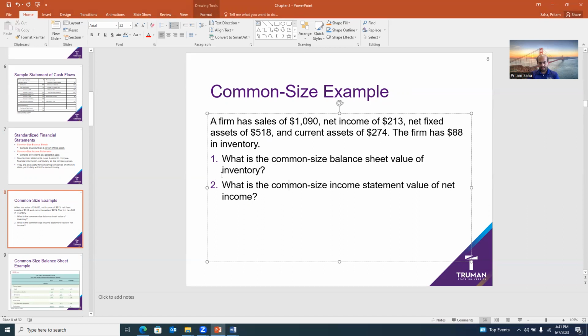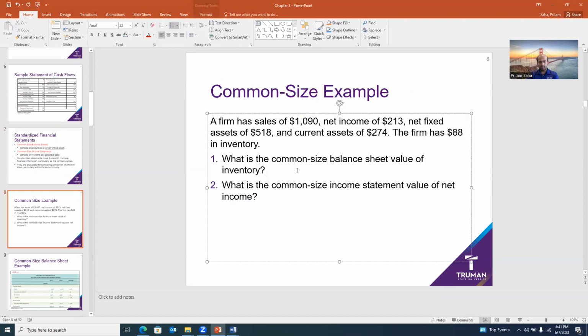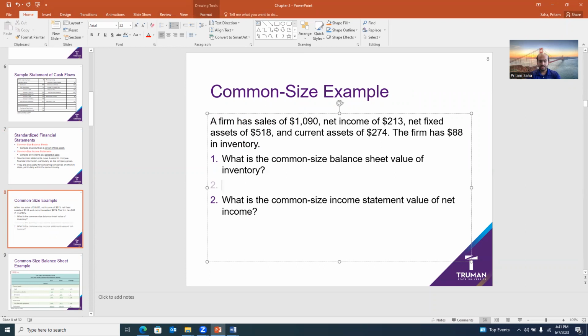So we know that inventory is a balance sheet value, and from the definition, for the balance sheet we convert all accounts as a percent of total assets, right? So it should be inventory divided by total assets.